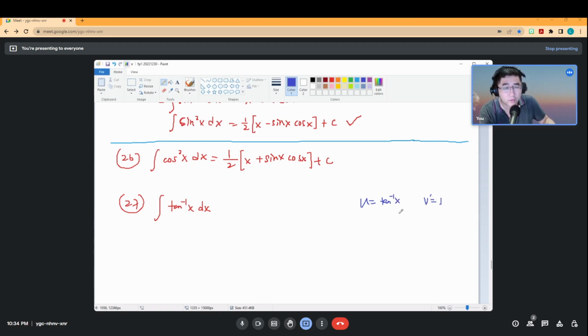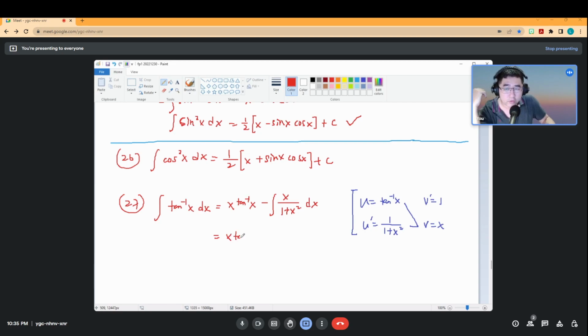We read it as 1 times arctangent x. So your u prime will be 1 over 1 plus x squared. You'll be expected to remember the differentiation. And your v becomes x. So what we get is x arctangent x minus the integral of x over 1 plus x squared dx.